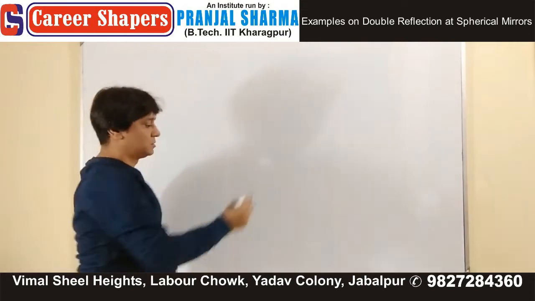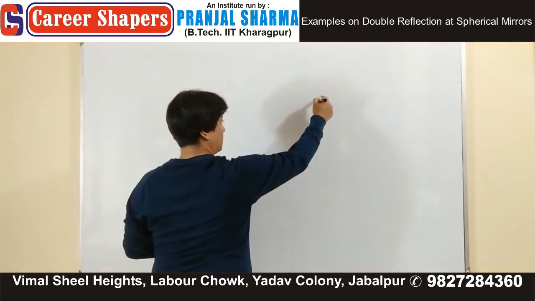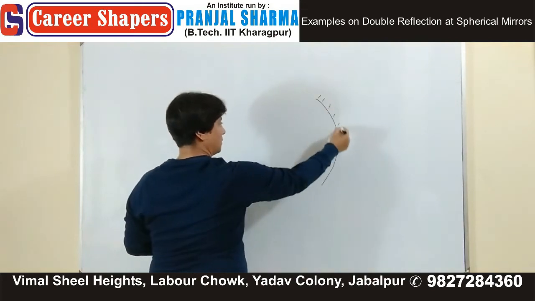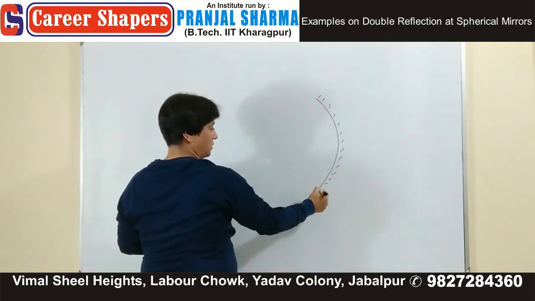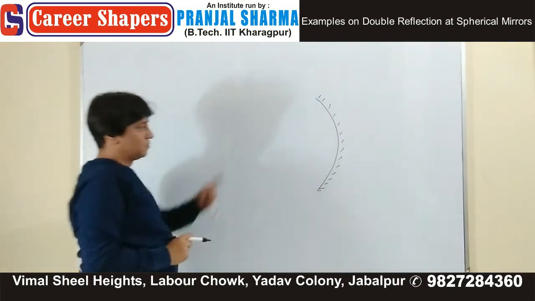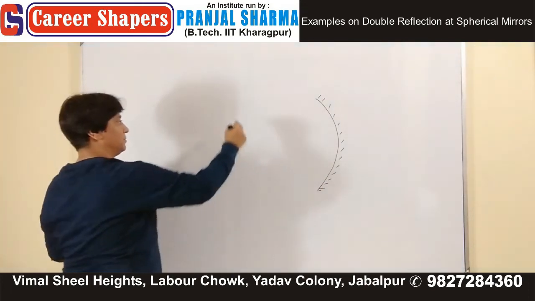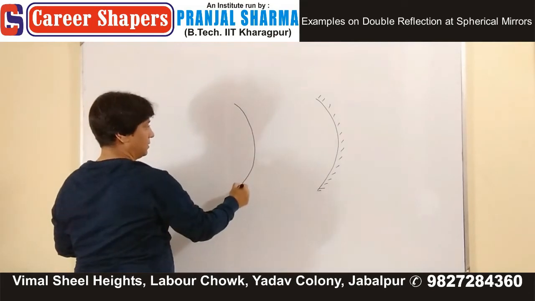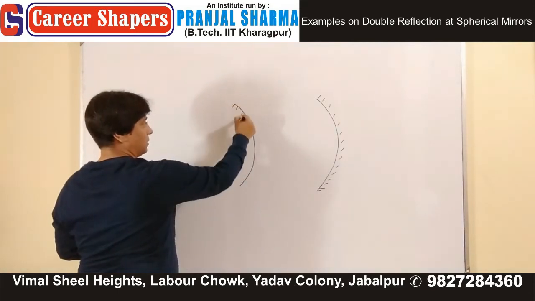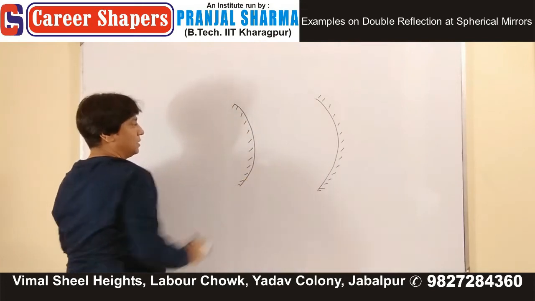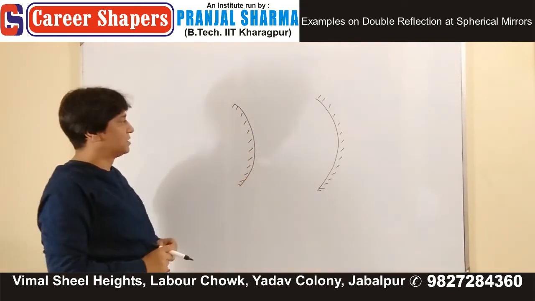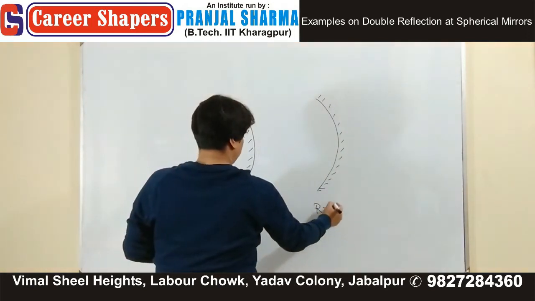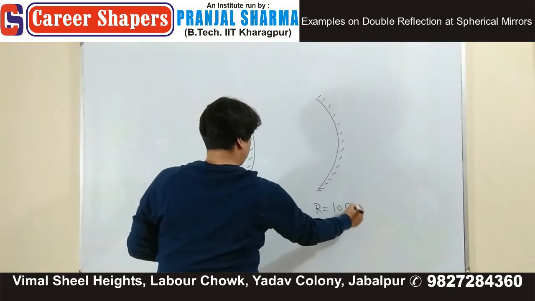Wrote down this question. It's a concave mirror. This is a convex mirror. They both have 10 centimeter radius.